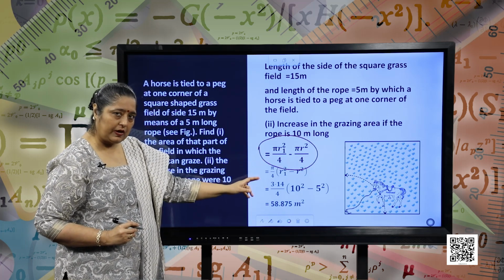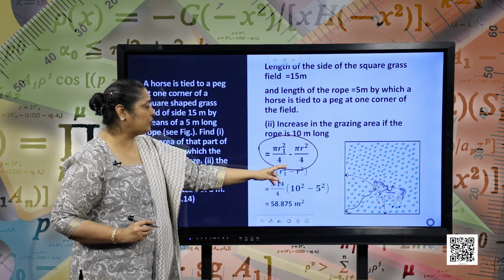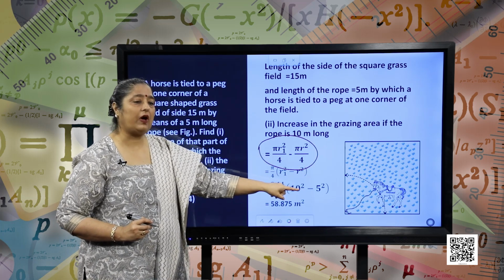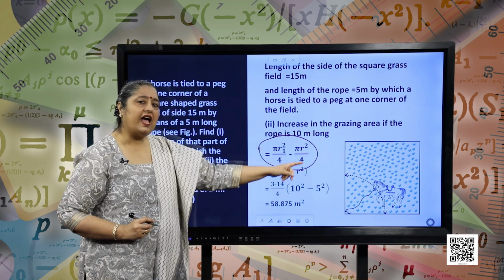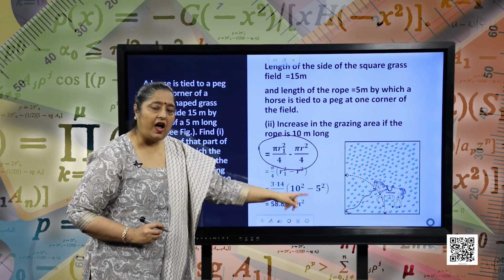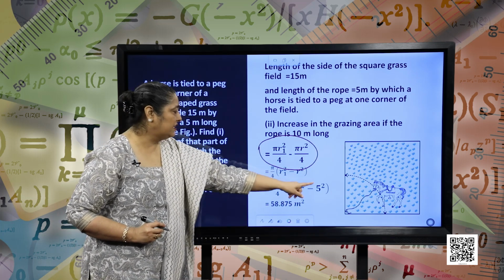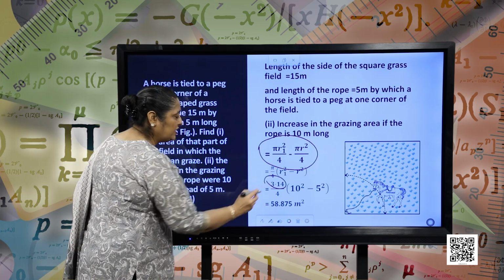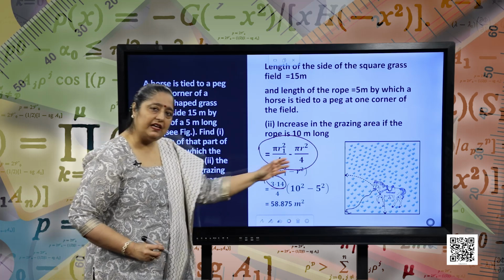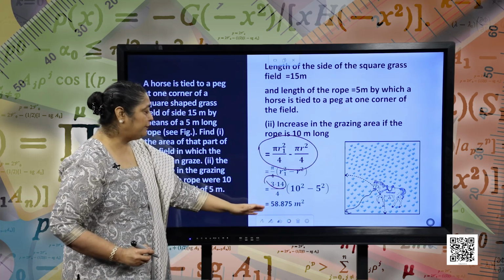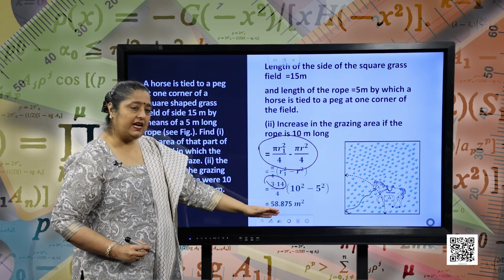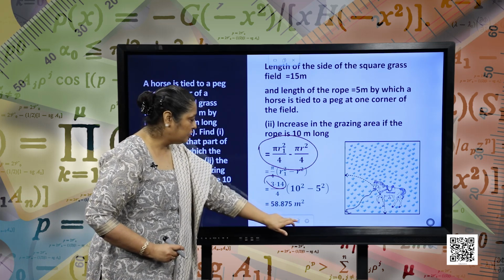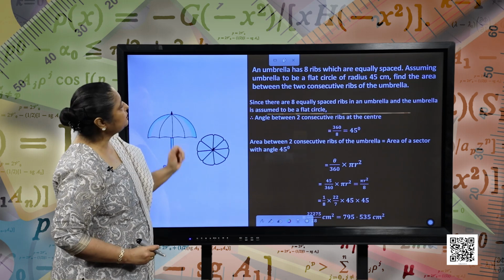Taking pi by 4 as common, we have r1 square minus r square. Here you can substitute the value of r1 square as well as r square. r1 is 10 and r is 5, whereas the value of pi is 3.14. Simplifying the whole thing, we have 58.875 meters square. I hope this question is clear. So, let us move forward.